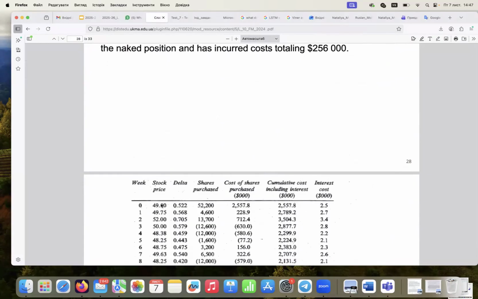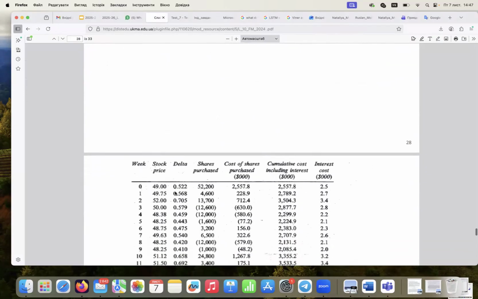For example, we have 52 for the second week, from what do we get this price? In these examples, it is like today we have this, after 1 week we have this, not historical. It should be the future. Now we can consider these prices as historical.